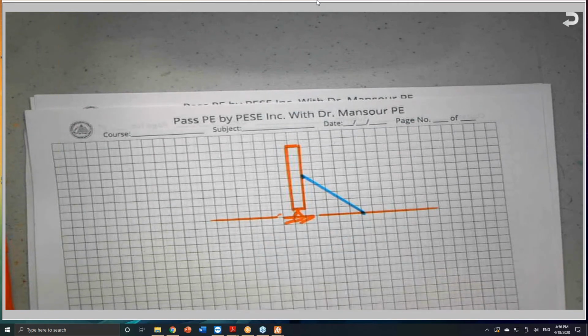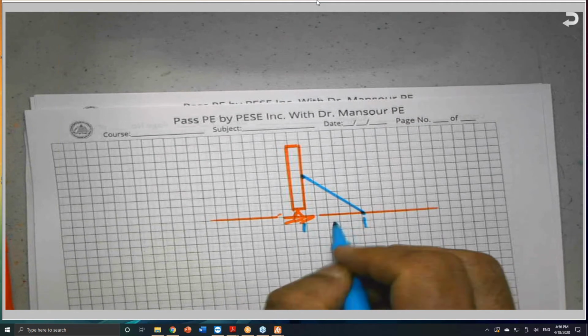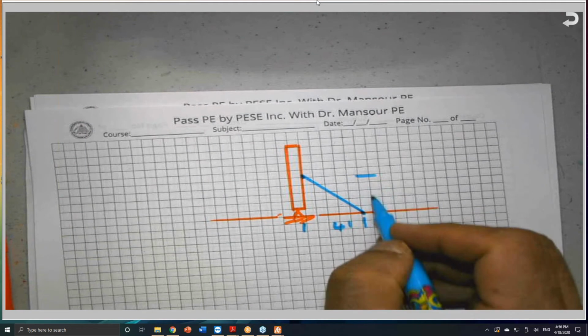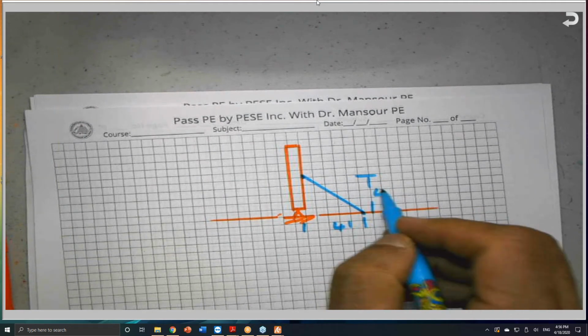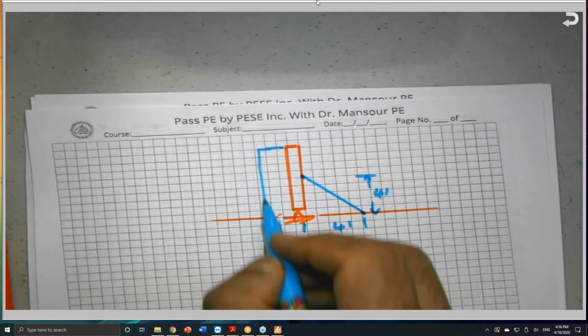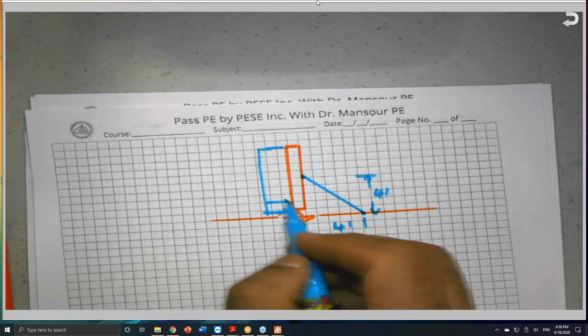At this level, it's not a big deal. The height, so this is 4 feet and this is 4 feet. So I have a distributed load given to me at 90 pounds per square foot.